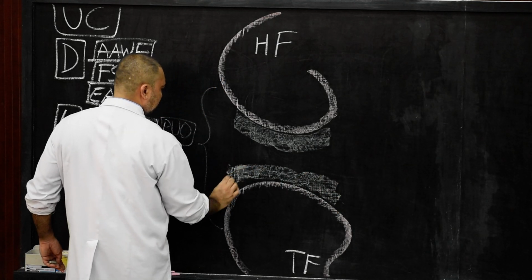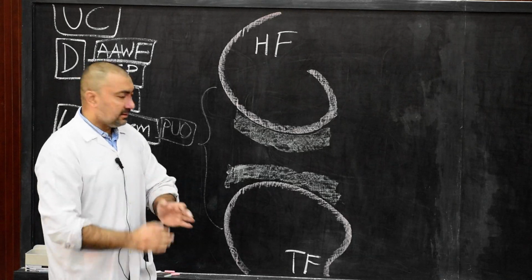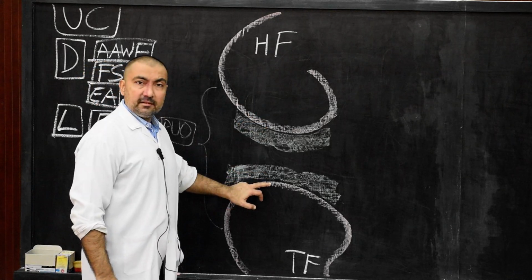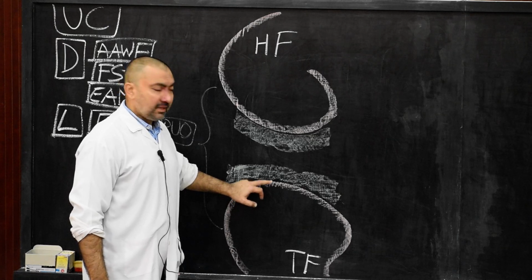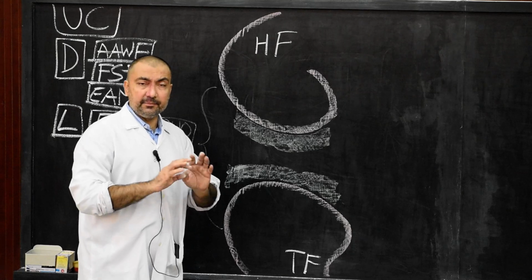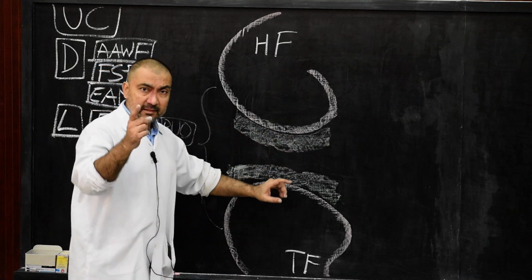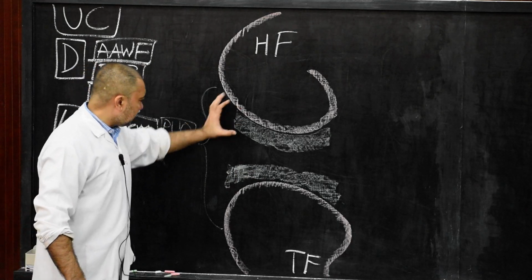This is the connecting stalk, which is enclosed by the amnion, the amniotic membrane, at the primitive umbilical opening.